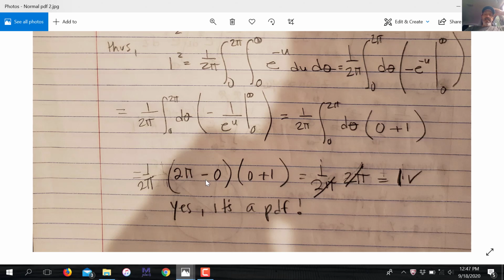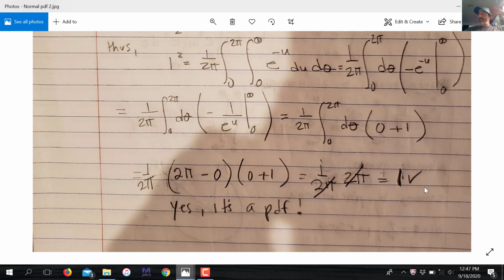Well, this gets pretty interesting here. So 2 pi minus 0 is 2 pi. 1 plus 0 is 1, so 2 pi times 1 is 2 pi. So we already have a 1 over 2 pi, and look at this. Yes, these cross out, and this ends up equal to 1.